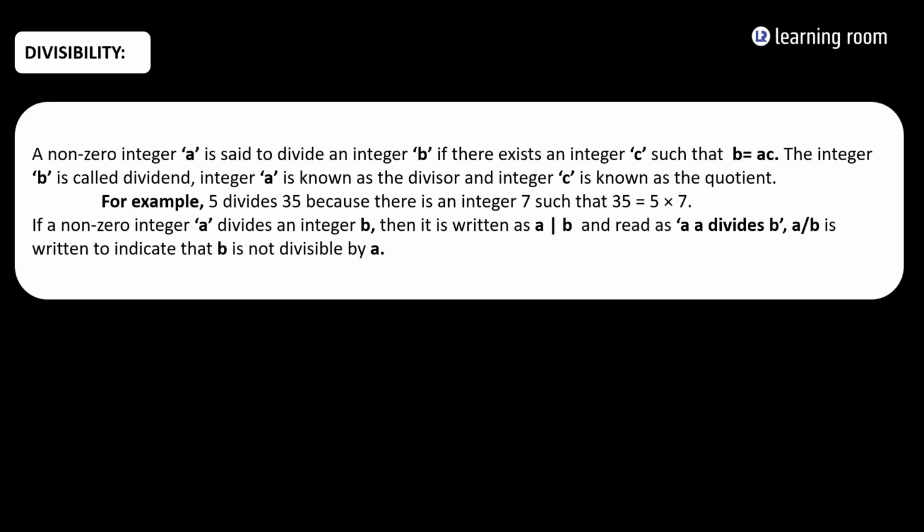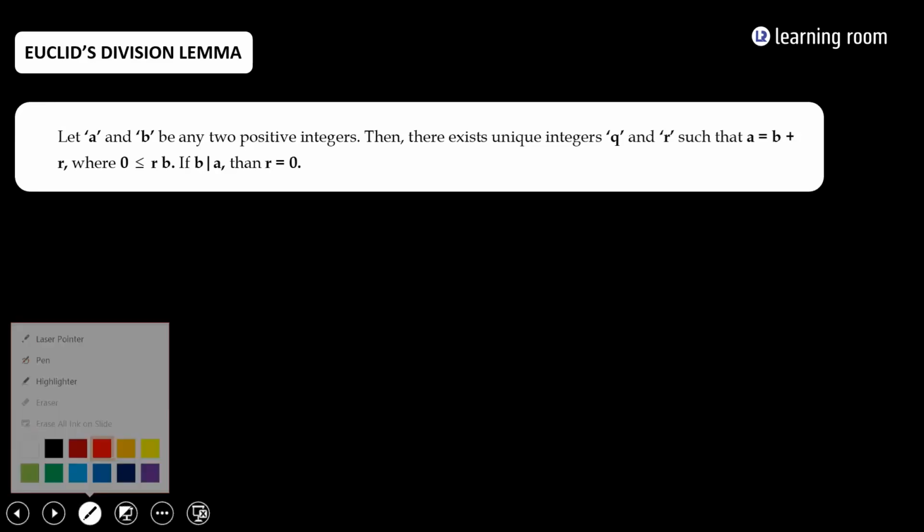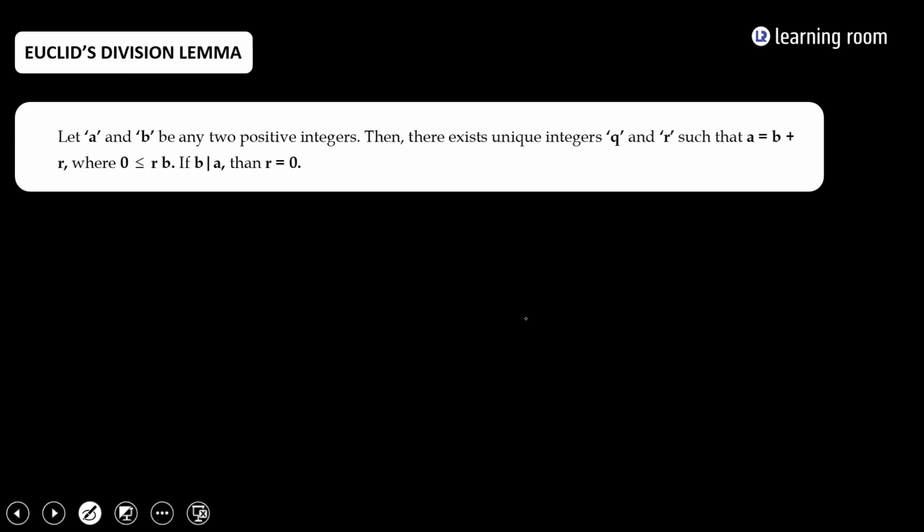So what is the Euclid's division lemma going to speak about? Let's recollect it. If a and b are any two positive integers, there will exist two unique integers, q and r, such that a = bq + r.